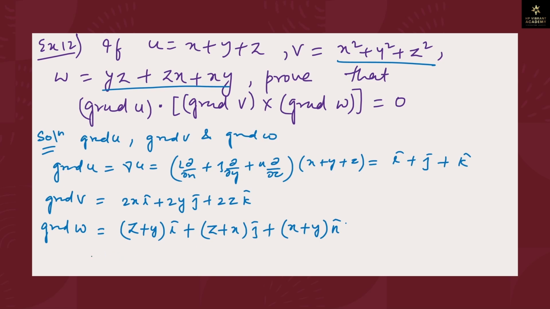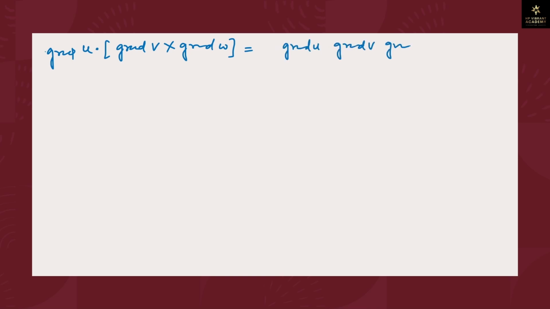So we have the value of gradient of u dot gradient of v cross gradient of w. This is nothing but the scalar triple product, which we can write as [gradient of u, gradient of v, gradient of w].